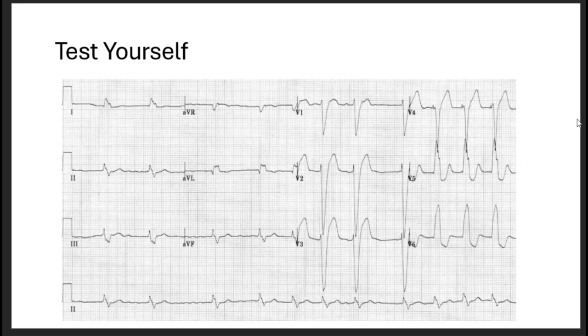So, first of all, you can clearly see that the QRS complex is prolonged, and clearly it's more than 0.13 seconds. I cannot clearly see how much it is, but it's probably maybe 0.20 or 0.24.